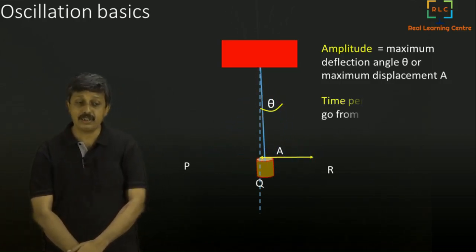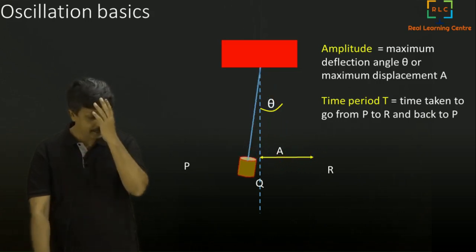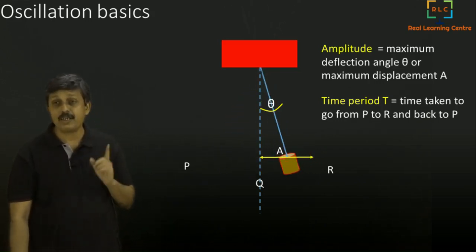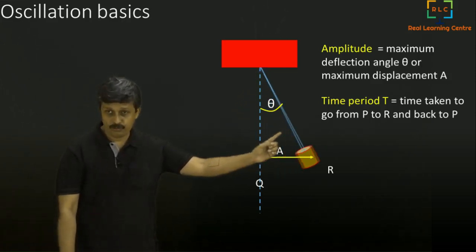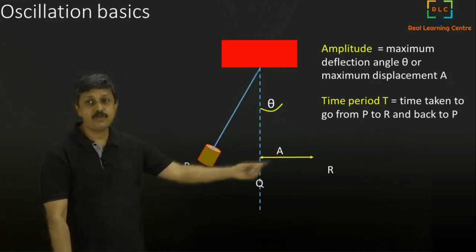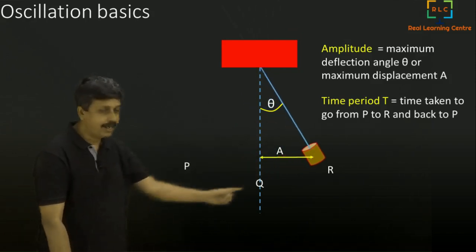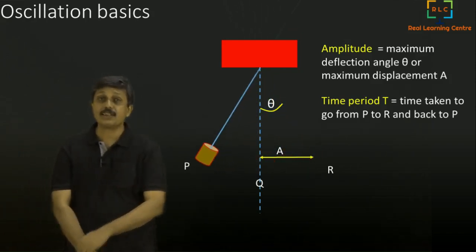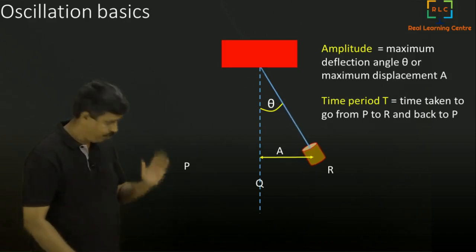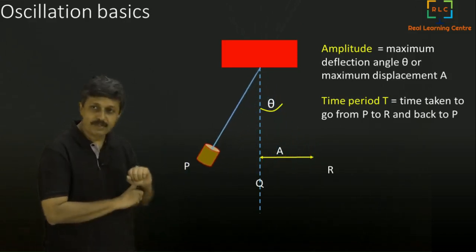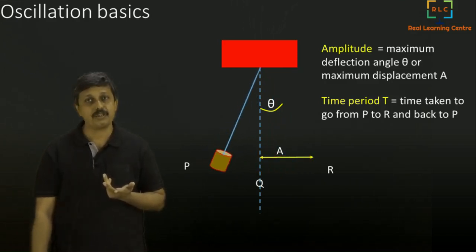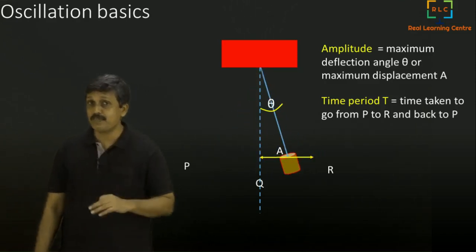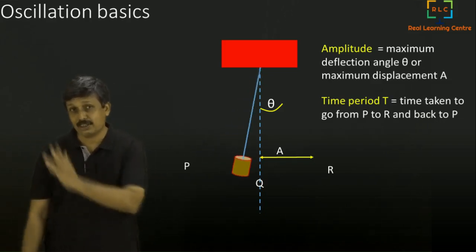Next, let us look at time period. What is the time period? Time period is nothing but the time taken to go from P to R and back to P, the total time. What I'm going to do is wait till it comes to P, look at my watch and find out how many seconds it takes to come back to P. Sometimes it may be difficult to measure just one oscillation.